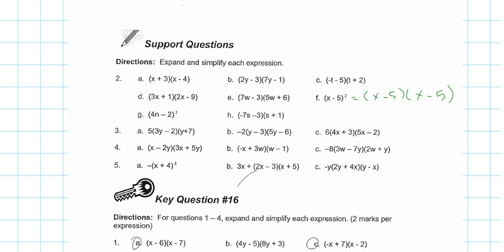Okay? Another thing that I want to mention is when you have something like this right here, like this one, you're going to do your FOIL. Okay? So you're going to do the first, outer, inner, last, and then simplify, and then multiply by the negative 2. Let's do this question together.